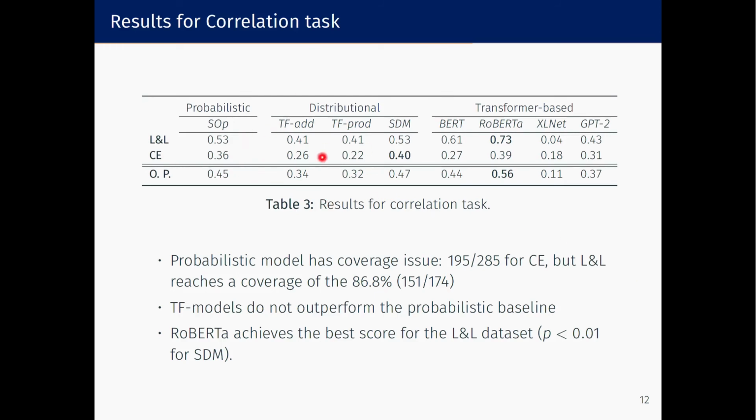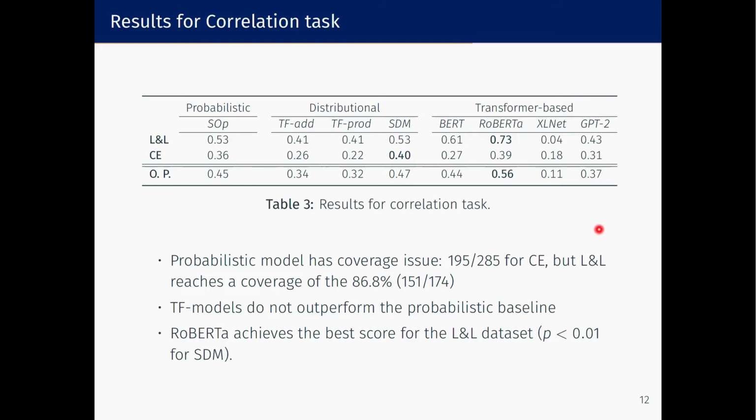As you can see, the scores are very low. For the best performances, Roberta achieves the best score for the Lapata and Lascarides dataset, reaching a statistical significance of the improvement over SDM, while for the other dataset the two models perform in a similar way.